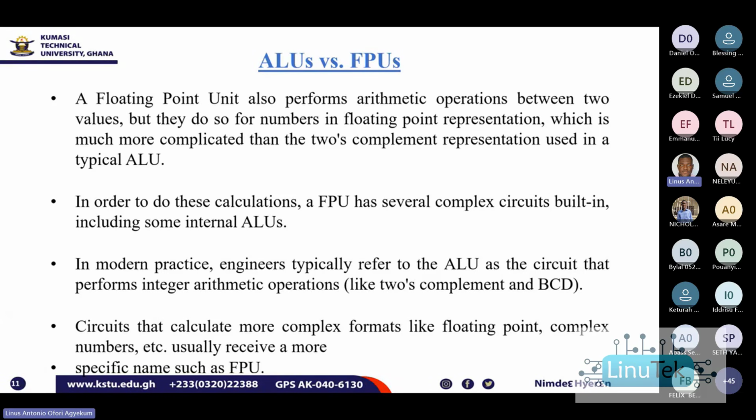So a floating point unit also performs arithmetic operations between floating values, or between two values which are floats, okay? And in order to do that, the FPU is what does that.